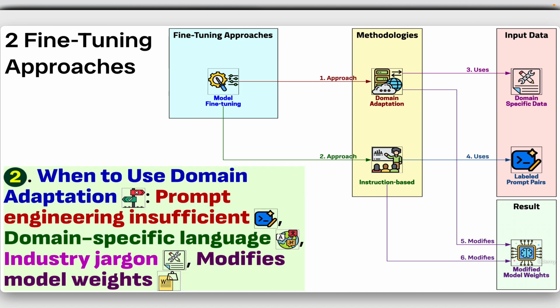When to use domain adaptation? You should use this if prompt engineering efforts do not provide enough customization. It helps the model work with domain-specific language, such as industry jargon or technical terms, and this process modifies the weights of the model.